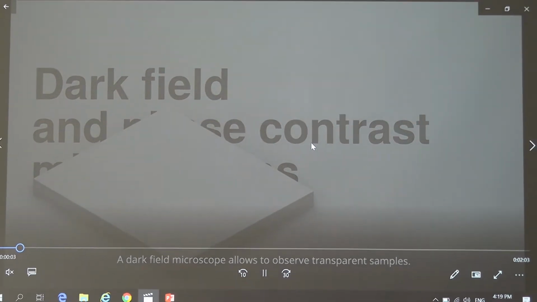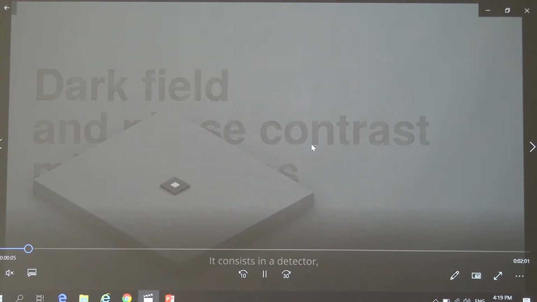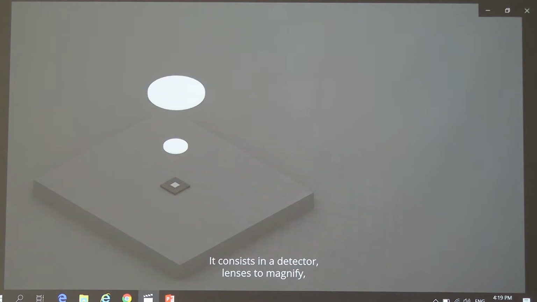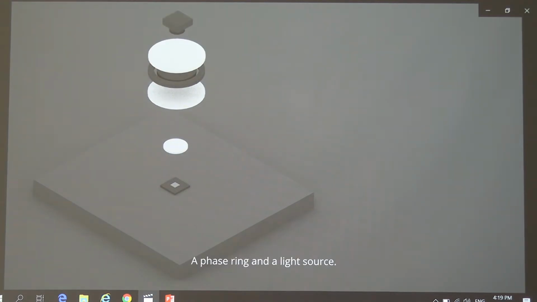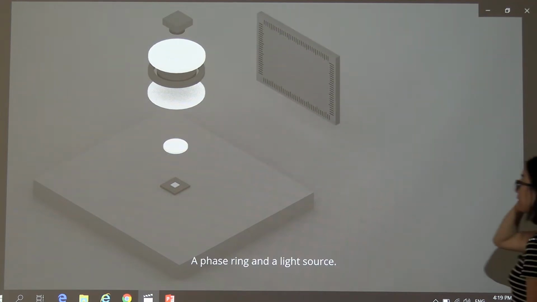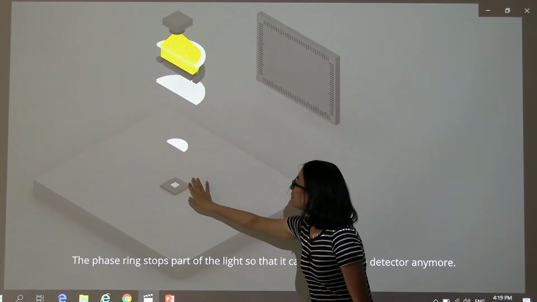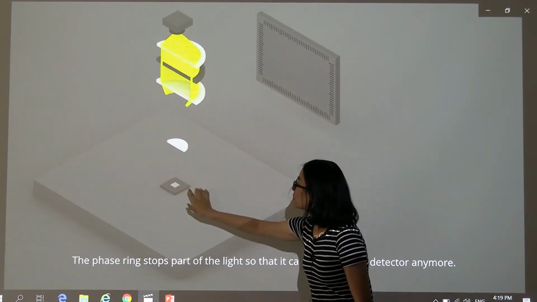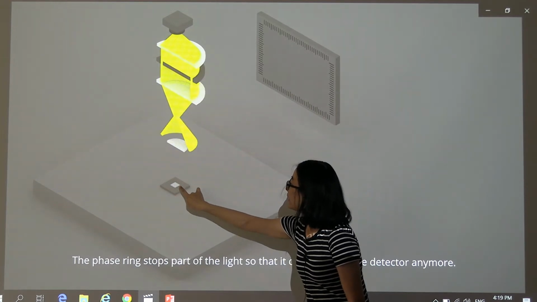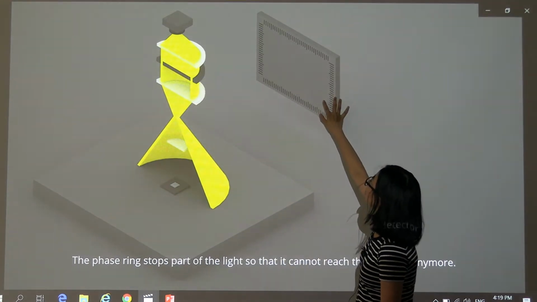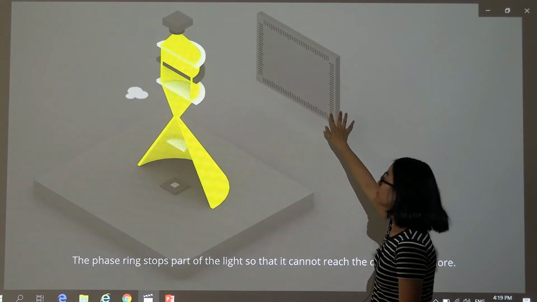At the beginning of this video, it shows the principle of dark field, which shares some common principle with phase contrast. What you can see here is the specimen. This is the image plate, which is magnified to here.